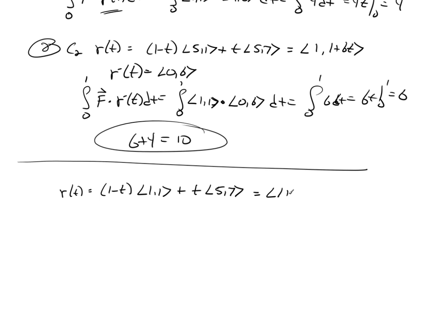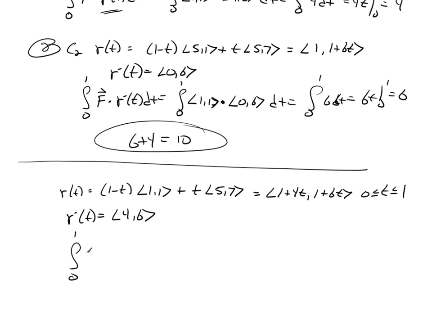And that's going to give me (1 plus 4t, 1 plus 6t), for t goes from 0 to 1. So r prime of t is going to equal (4, 6).